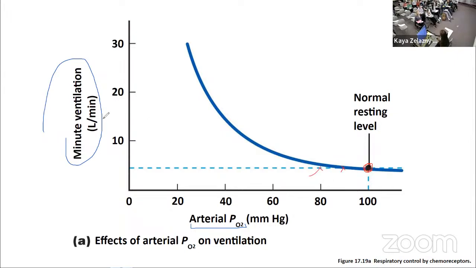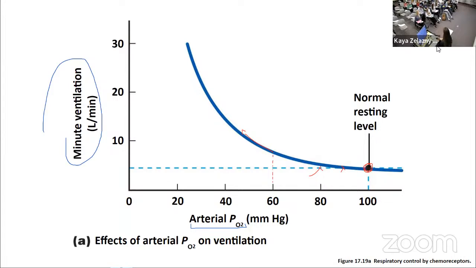At 80, you're still not changing much. It takes until you get down to almost 60 before you see a real change in how much air you're breathing in. So you're not going to speed up your breathing in response to changes in oxygen unless it gets to about 60% of its normal value. It takes a pretty dramatic change in oxygen levels for those chemoreceptors to respond.